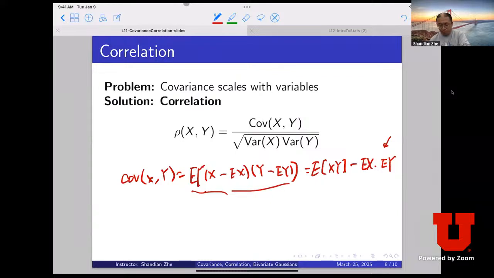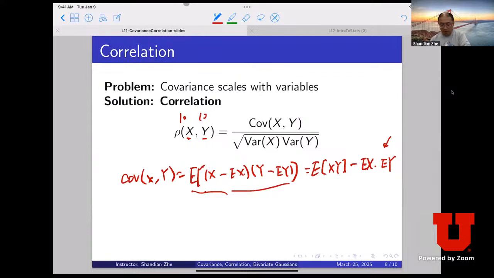Okay. So although covariance is useful and important, in practice it has some issue, as we discussed in the last lecture, right? If I multiply x by 10 and multiply y by 10, then the covariance will be amplified by 100.